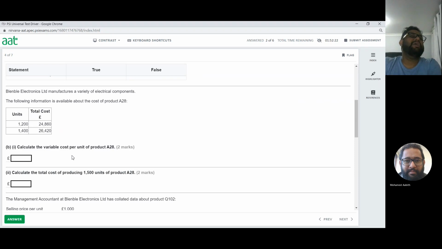What we now need to do is calculate the variable cost and the total fixed cost for producing 1,500 units. For this one, we have to bring in our good old spreadsheet. So I'm going to bring that up on the screen and share it with you in a second.